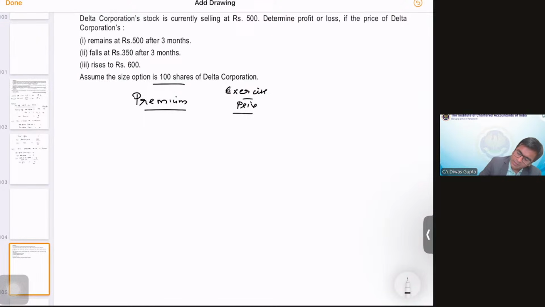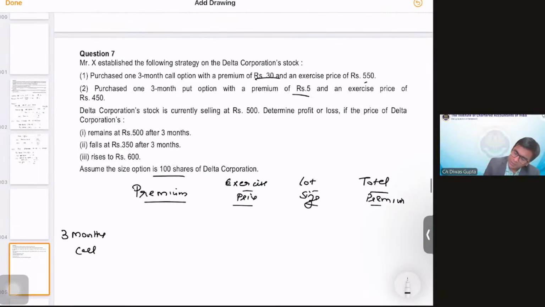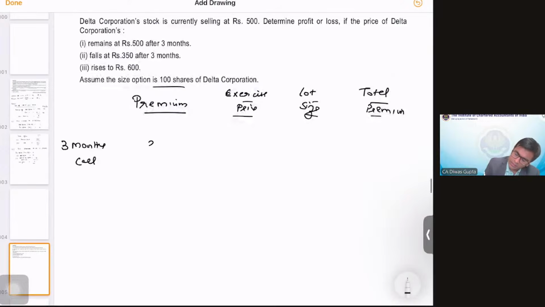So the premium, exercise price, lot size, and total premium. Let's first calculate the overall total premium that we have paid. 3 months call option, students. Premium is how much? 30. Exercise price of 550. Lot size is 100.